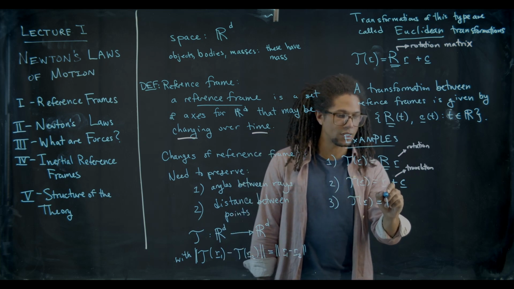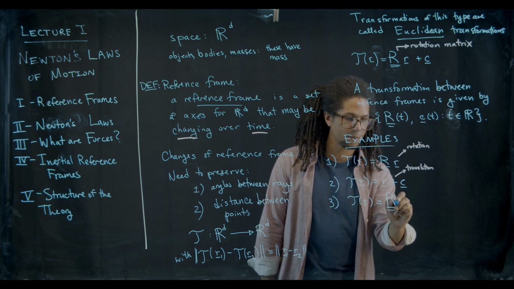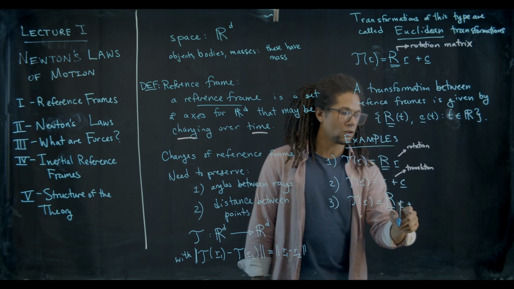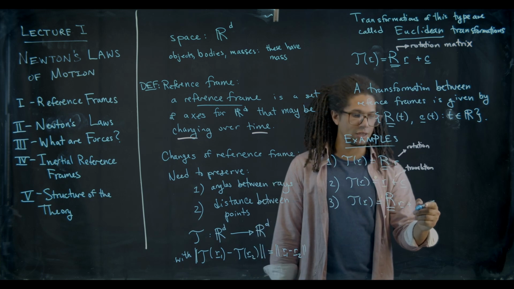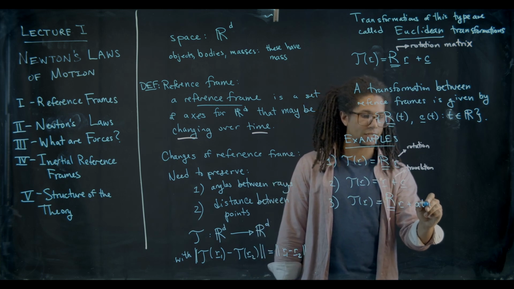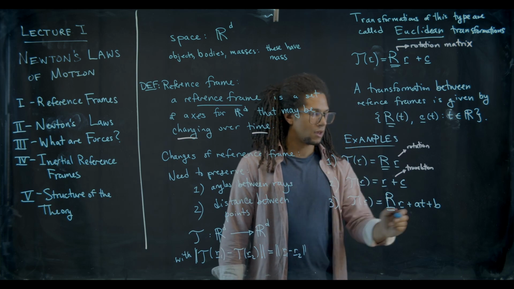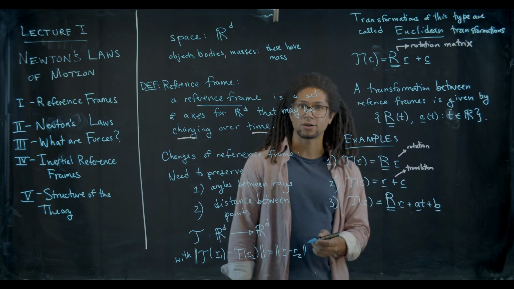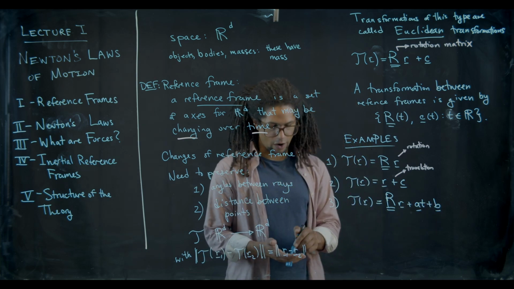In that case, we'll have the following. So a linear function is going to just take the form something like At plus B, where A and B are vectors. All right.